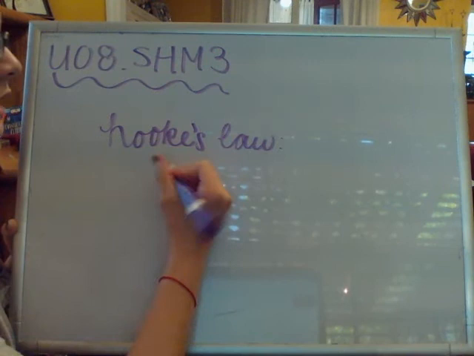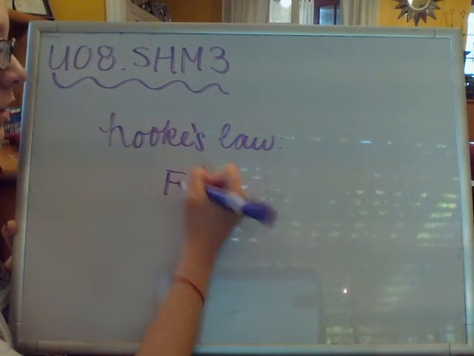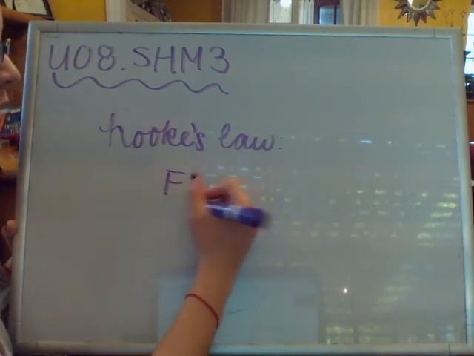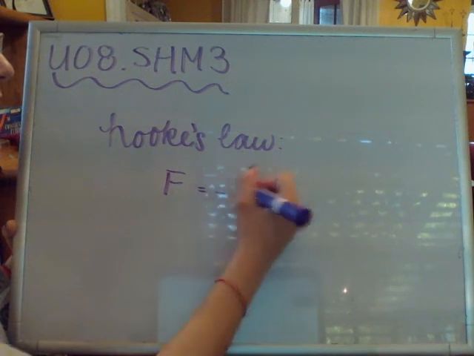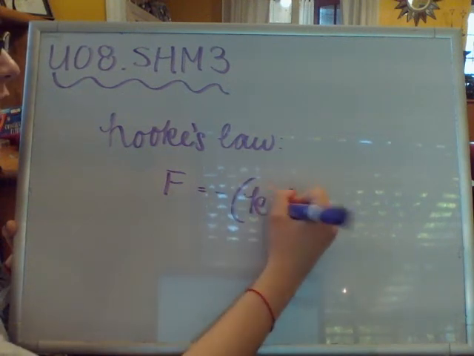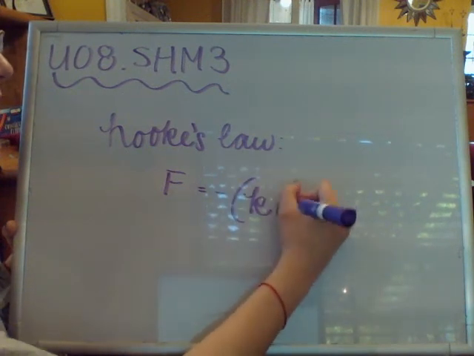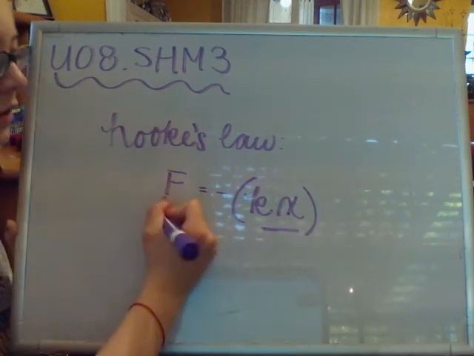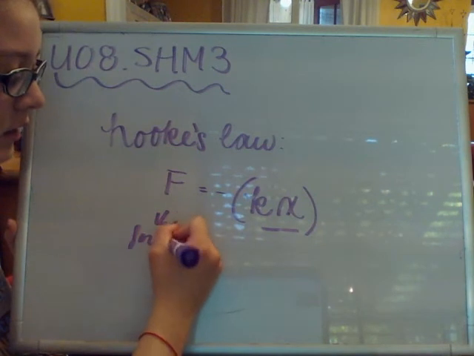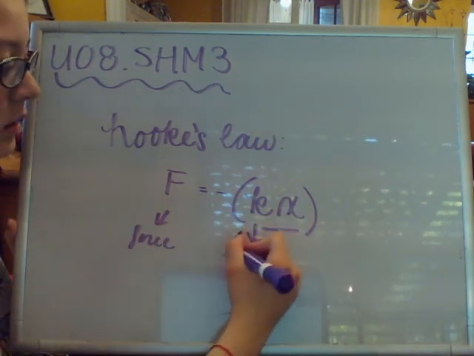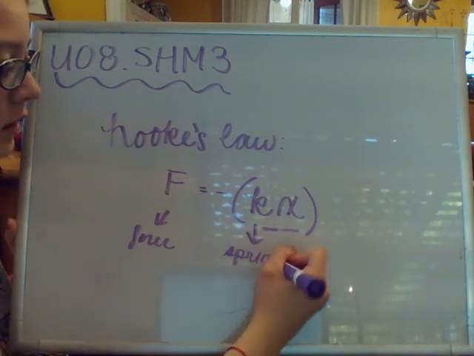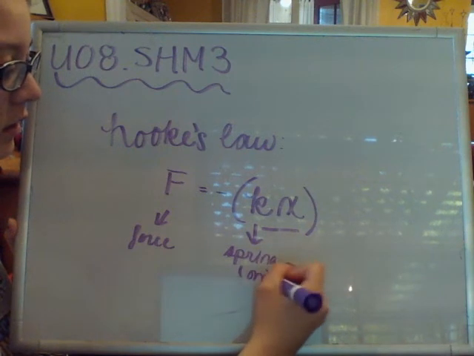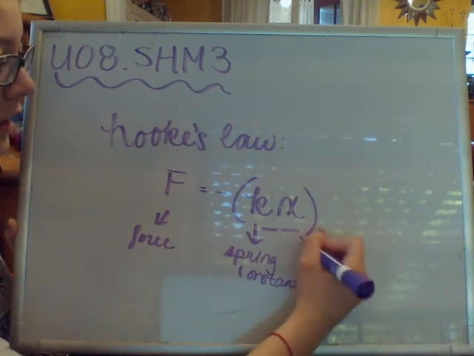And Hooke's law states that the force, which is the spring force, is equal to the negative k, the spring constant, times the x, which is the displacement of the object. So we're going to label these: force, spring constant, and that's the displacement.